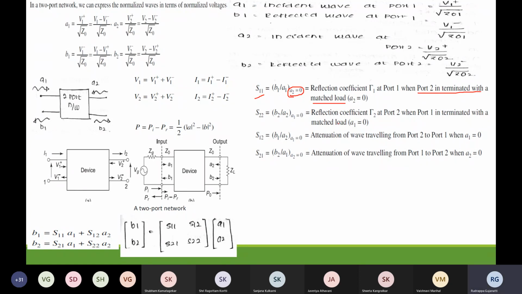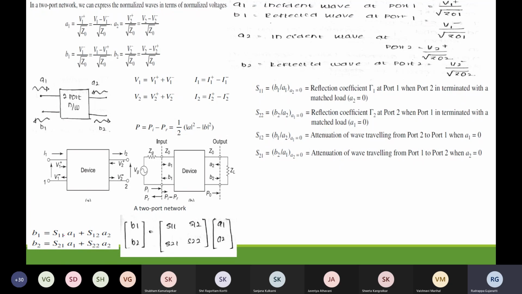So what is meant by matched terminated? We assume that we put a load at port 2 which matches the characteristic impedance. So that is what we are looking for, a matched termination at the port.